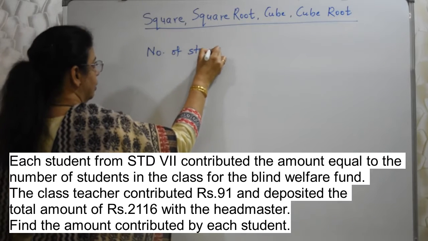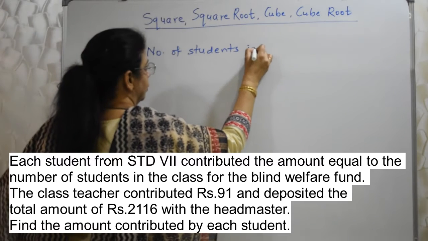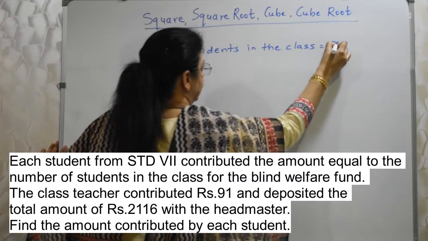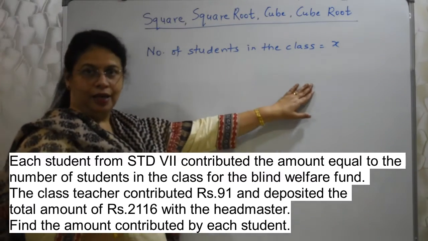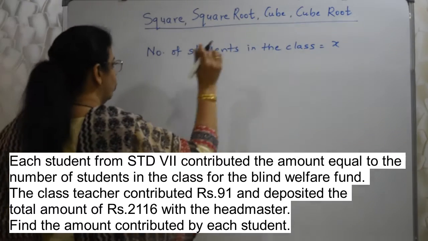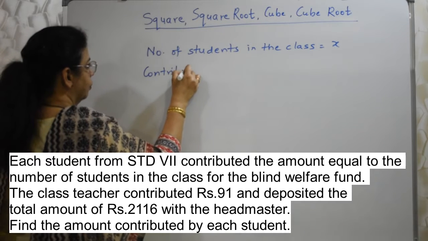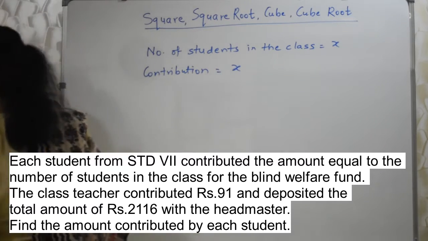जो नहीं पता, वो x. So if there are x students in the class, they are saying each has contributed exactly the same as the number of students. So contribution per student is also x, right?